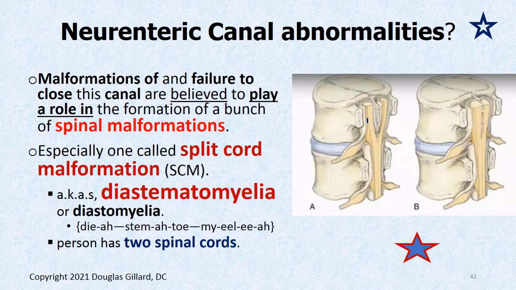If the canal never closes, you're going to get a split spinal cord, and that causes all sorts of trouble. All right, so neuroenteric canal, if it fails to close or fails to form, you get a split spinal cord, which is a condition called diastematomyelia.